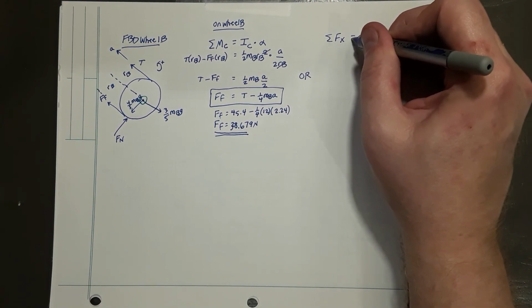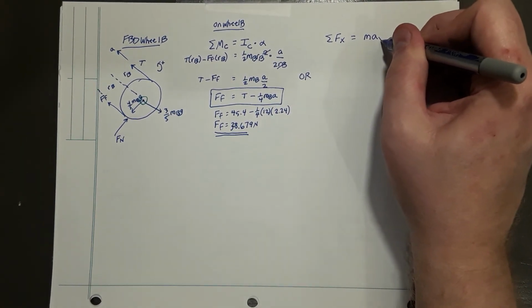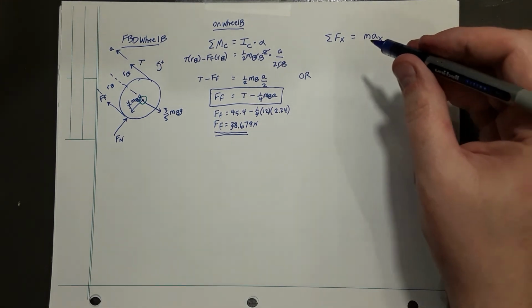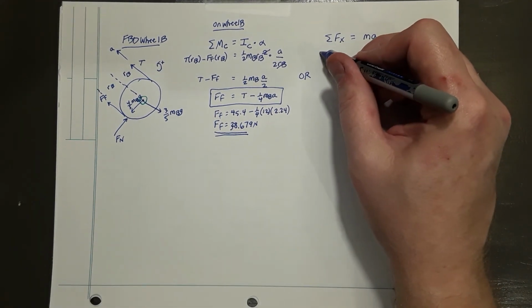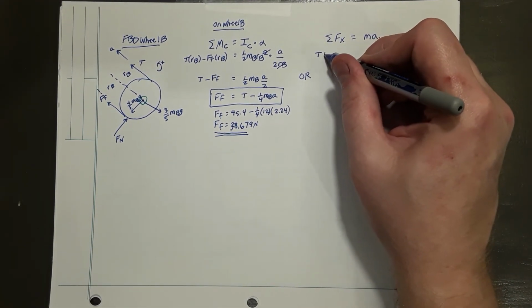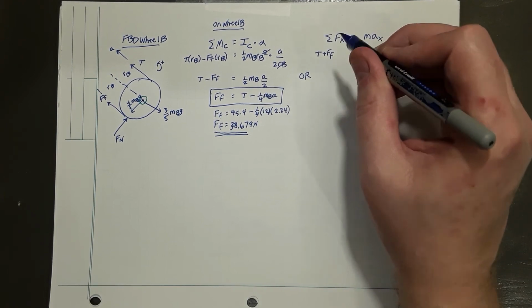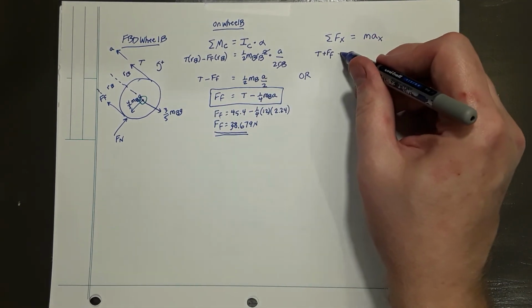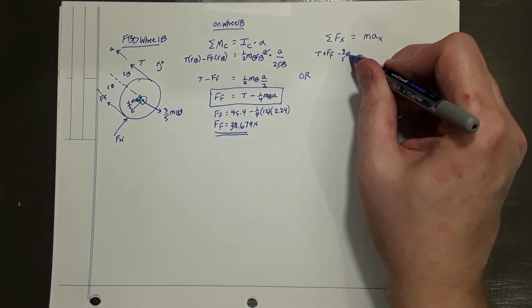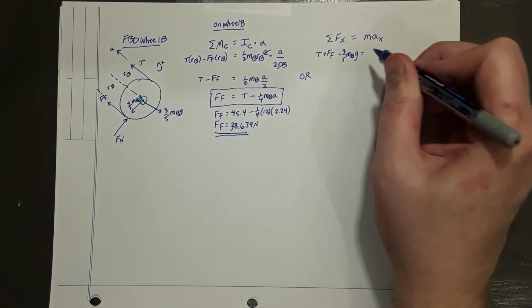If I do net force on this free body diagram, we have both tension and force of friction up the incline, whereas the 3/5 MBG component is down the incline.